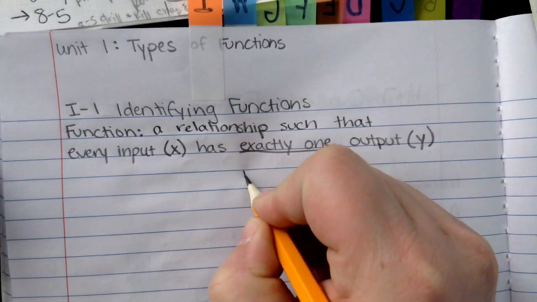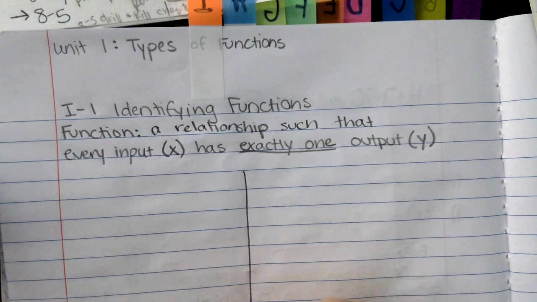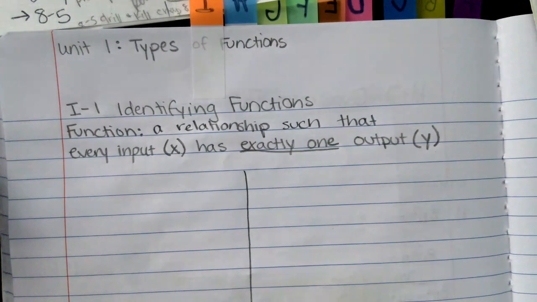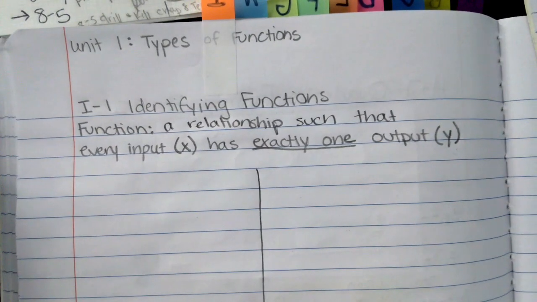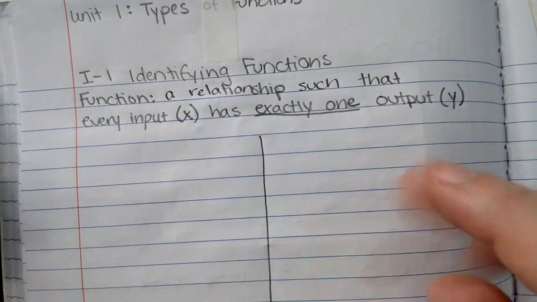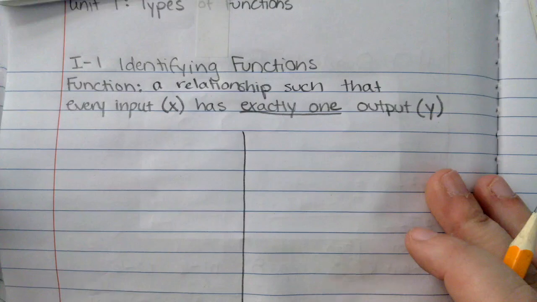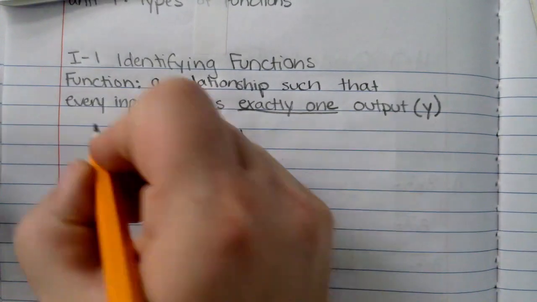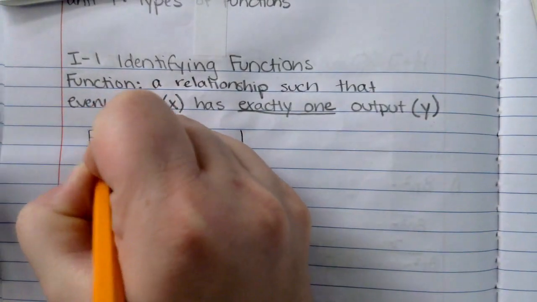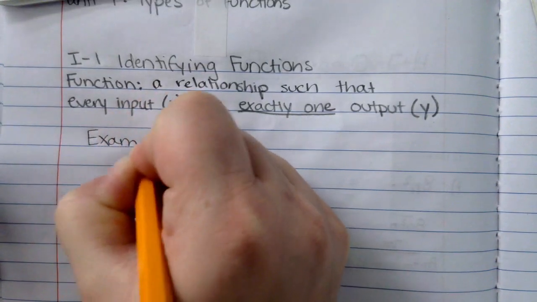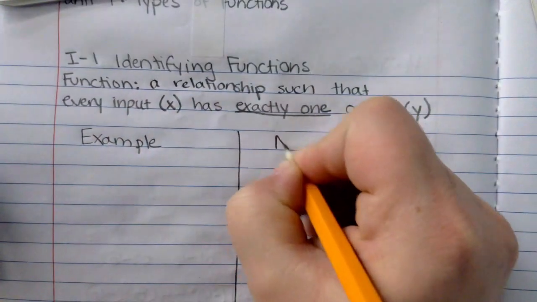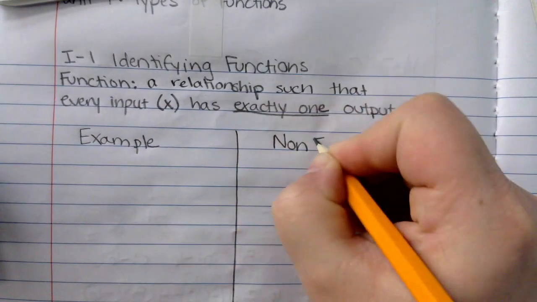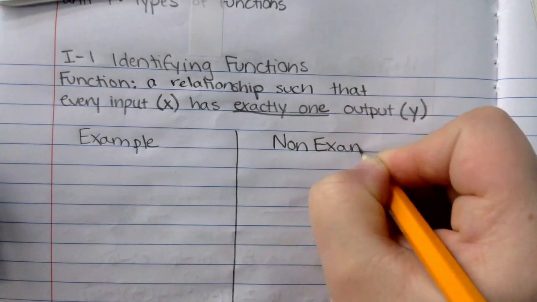All right, so first we're going to do a set of ordered pairs. And remember, ordered pairs look like what? A set of ordered pairs, we have that parenthesis, x, and then y parenthesis.